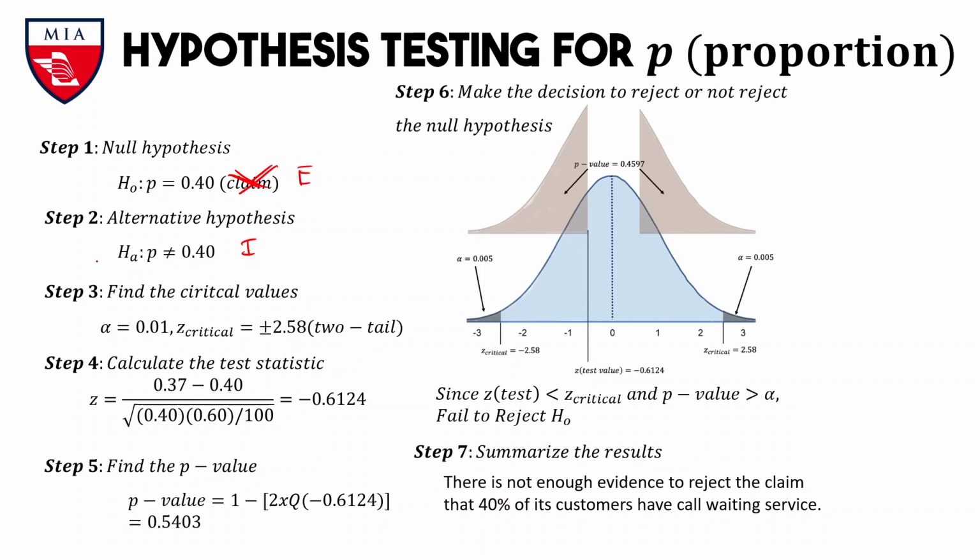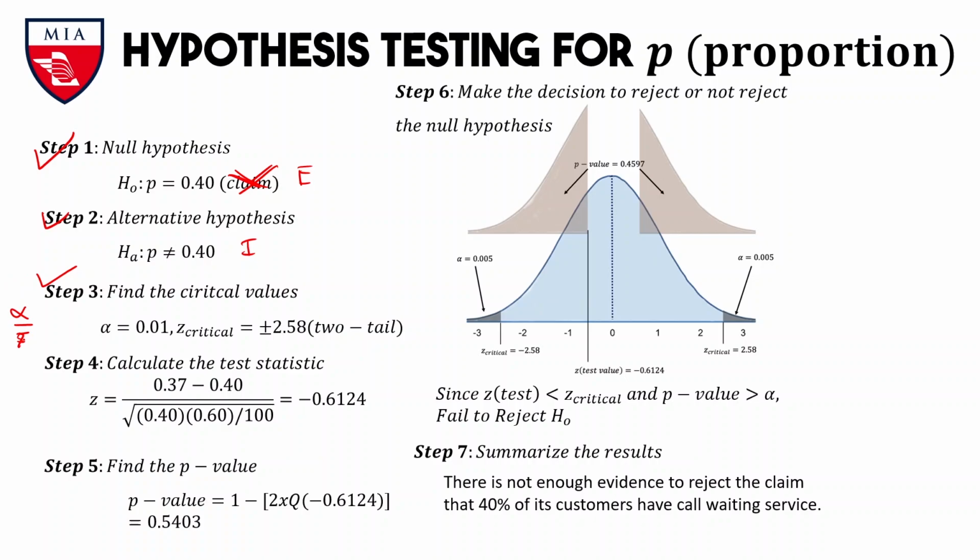Okay, so we are done with step 1 and step number 2. We already specified the null and the alternative hypothesis. So step number 3 is to find the critical value. We are dealing with a two-tailed test. So if our alpha is 0.01, we need to divide this by 2, because we have the left-tailed and the right-tailed.